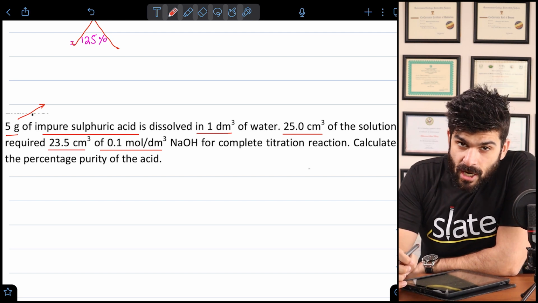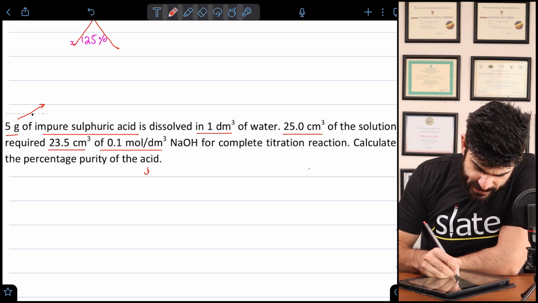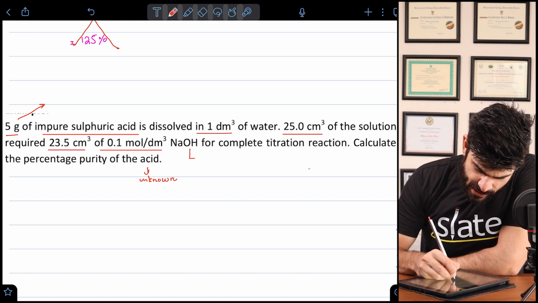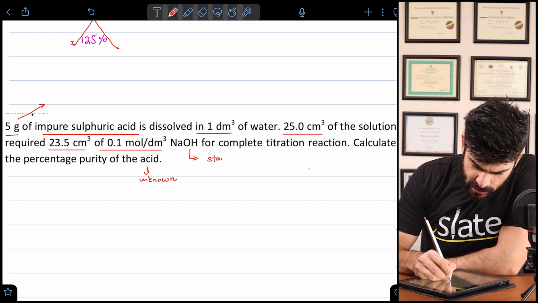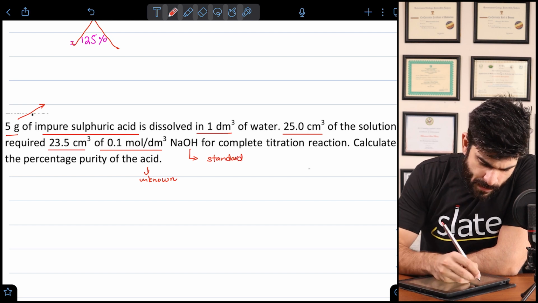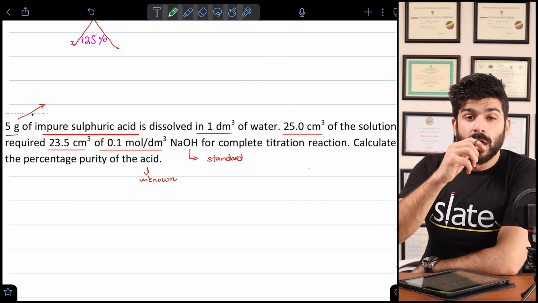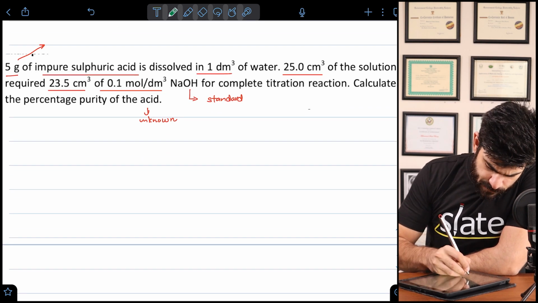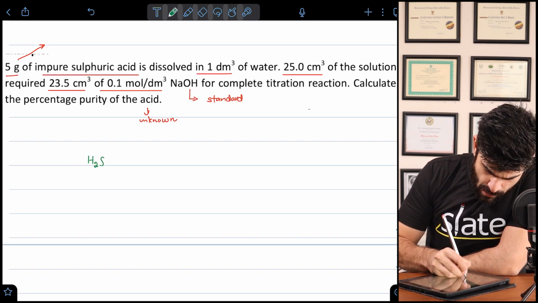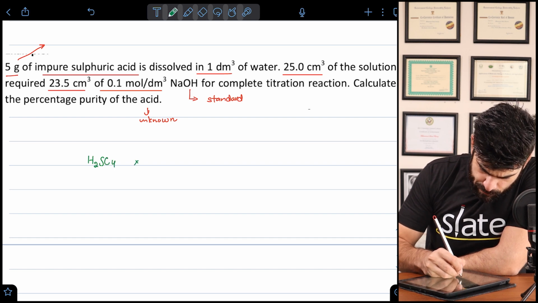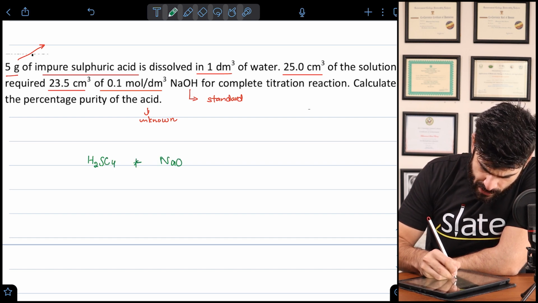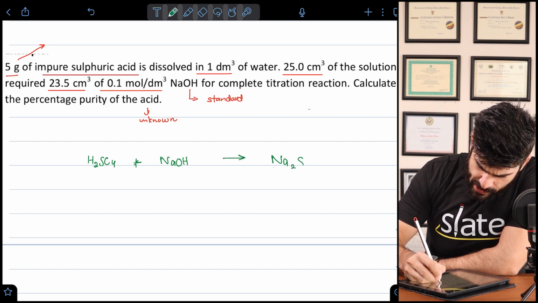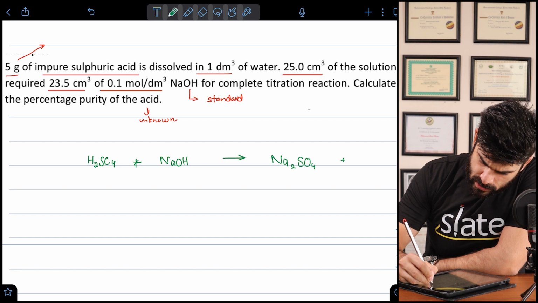Since we are finding something regarding the acid, that is the unknown value. And that makes NaOH our standard, which is the known value. So remember, in the previous lectures, we talked about the first step: to make the equation. So let's make the equation. H2SO4 plus NaOH will give us Na2SO4 plus water.